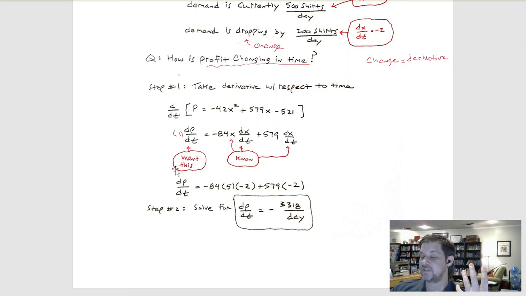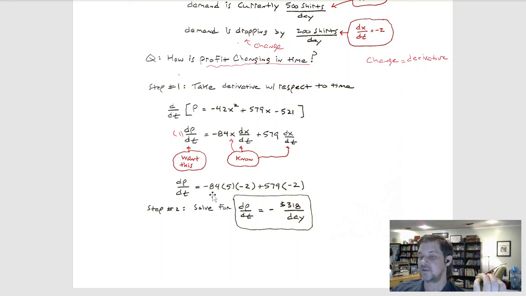How's profit changing in time? But this time to do that, I don't have to rearrange this equation and use algebra. I just have to put my known values in over here. And so I get negative 84 times 5 times negative 2 plus 579 times negative 2. Oh, what happened to the 521? That's a constant. The derivative of all constants is always 0.